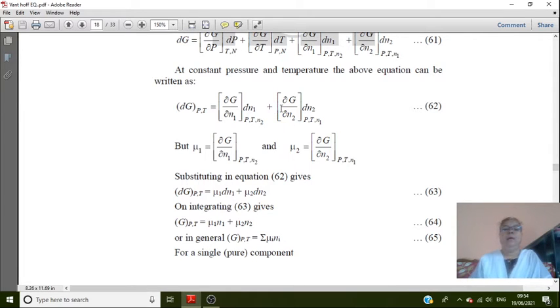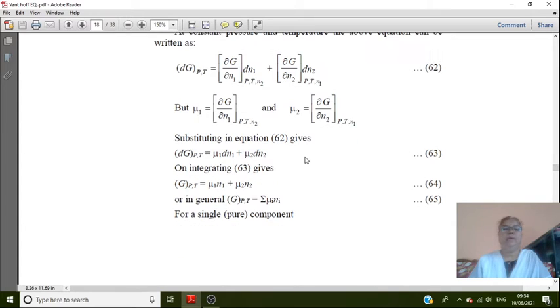plus ∂G/∂N2 into dN2 at constant pressure, temperature and N1. But we know mu1 is equal to ∂G/∂N1 and mu2 is equal to ∂G/∂N2, and mu1, mu2 are the chemical potentials of constituents 1 and 2.